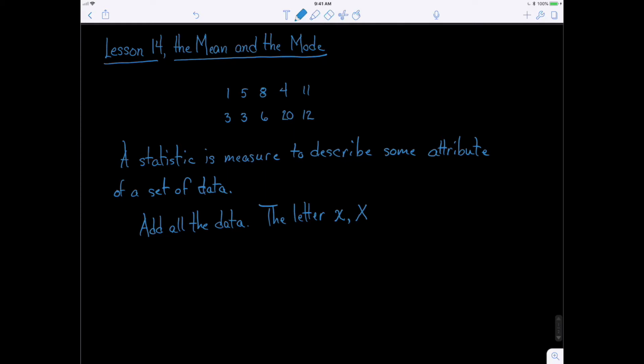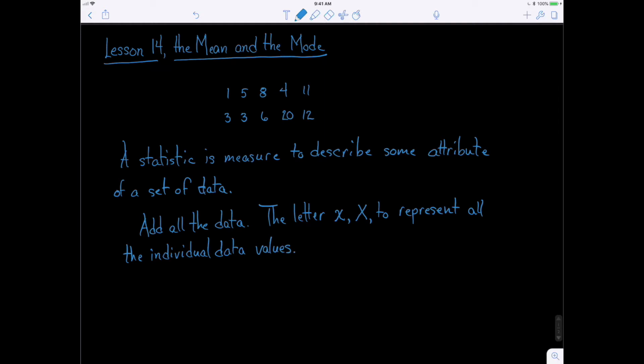We use the letter x to represent all the individual data values.